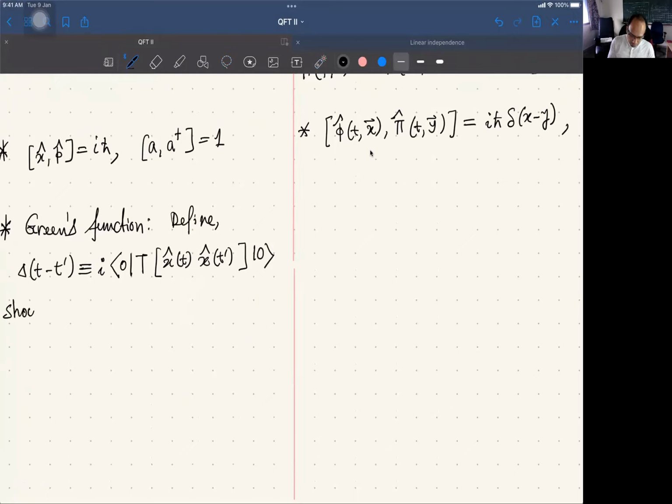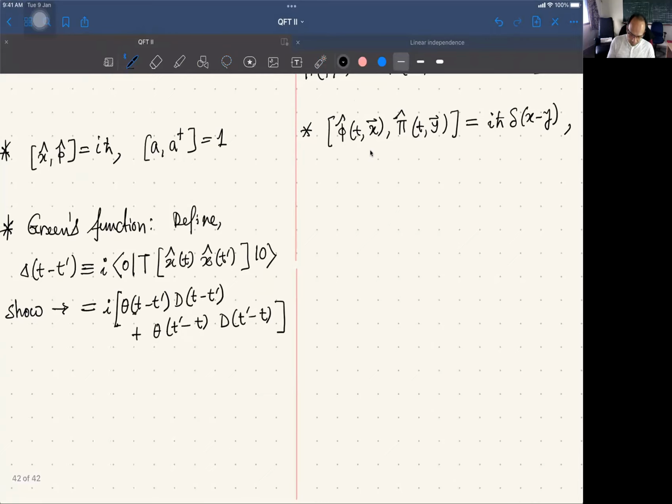Show that this is given by i theta(t minus t prime) D(t minus t prime) plus theta(t prime minus t) times D(t prime minus t), where D of delta t is equal to h bar by twice omega, e to the power minus i omega delta t.